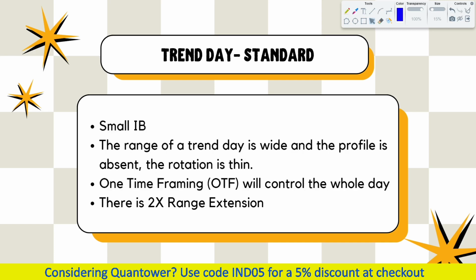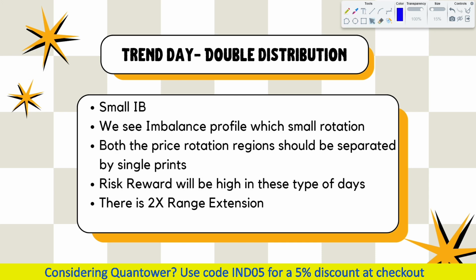Yes guys, till now we have discussed normal day, normal variation day, neutral day, and trend day standard. Now let's discuss trend day double distribution. Double distribution is similar to the trend day, but the variation is this: in the trend day standard, you see a very thin profile, and OTF players will continuously buy or sell, moving in that direction very aggressively.